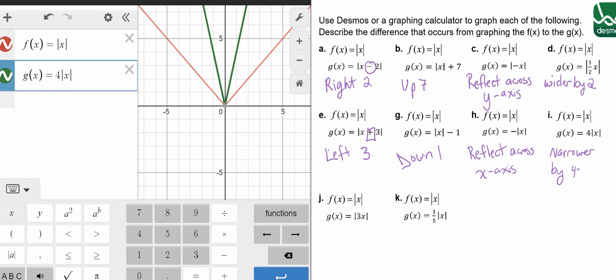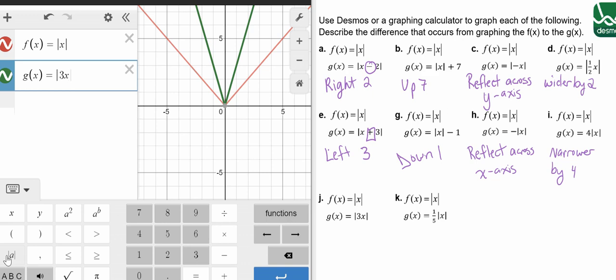So this got narrower by a value of 4. And in an upper math class, this would be called a vertical stretch because you're pulling it up by a value of 4. So we've got 2 more to do. Let's go ahead and do these really quick. For letter J, when we plug that in, we have the absolute value of 3x. Now look at that.